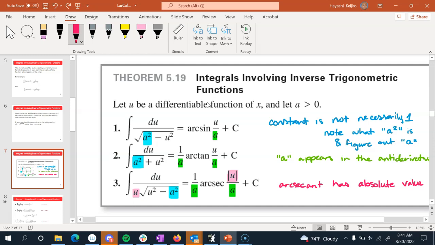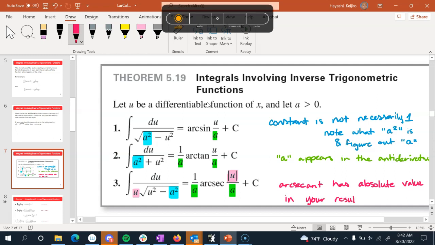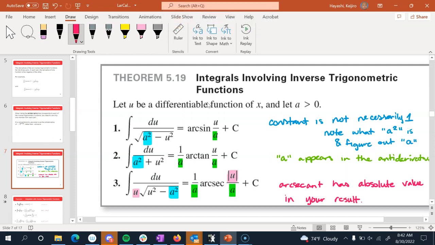But when you integrate into arcsecant, the antiderivative has the absolute value bars. So while that is different, what is similar is that both times the arcsecant has the absolute value in your result. You're not going to start off with an absolute value bar, but it is going to be in your result, whether you're taking the antiderivative to create an arcsecant, or you're starting with an arcsecant and finding the derivative.